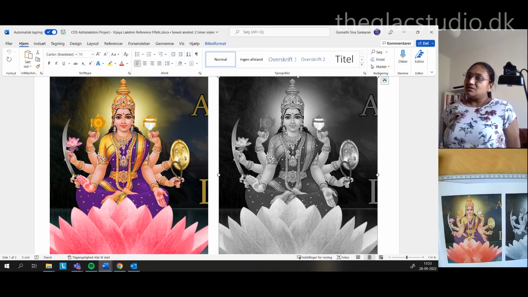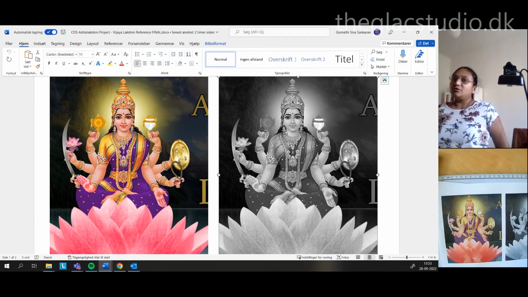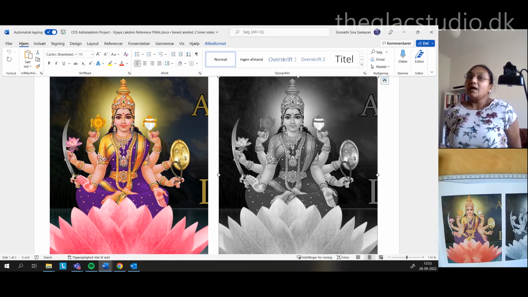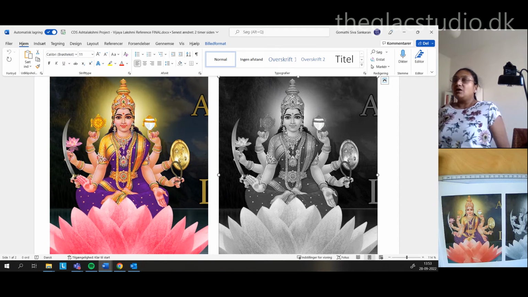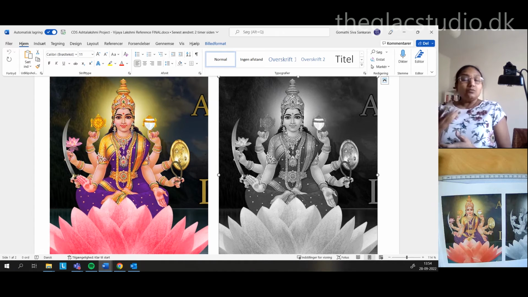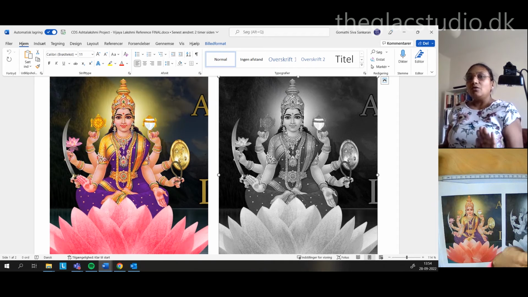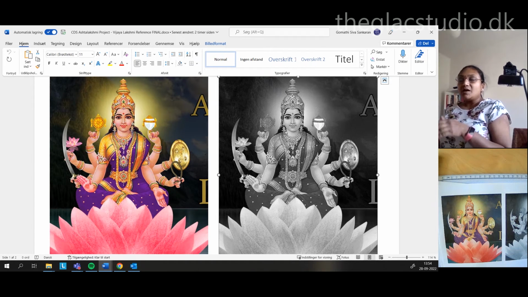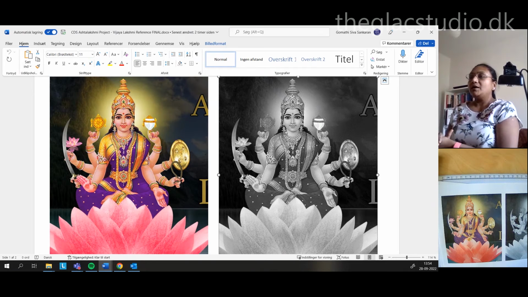The reason why I insist on a black and white image like this is that black and white helps us focus more on tonalities and depth of the painting, especially when you are getting started or really new, or maybe you're well versed in painting, but working with so many components and elements is a little confusing, and you might want to have that objective overview. That's why I prefer to work with a black and white image.